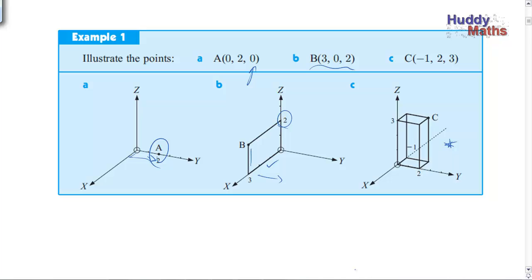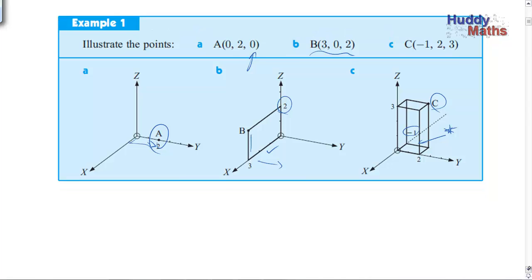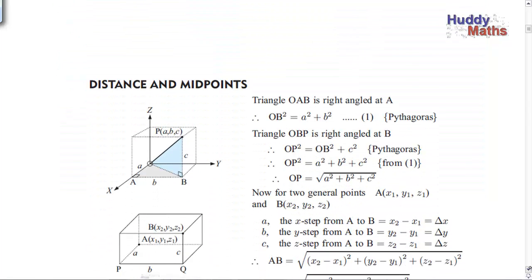So you might start to think about equations for the axes. Okay, how do you describe the z axis, the x axis? We'll do a bit of that later on. And here's one with 3 coordinates, gone back in the x, 2 in the y, and then up to 3. All right, so come down and let's get rid of this fairly quickly, because it's fairly basic.